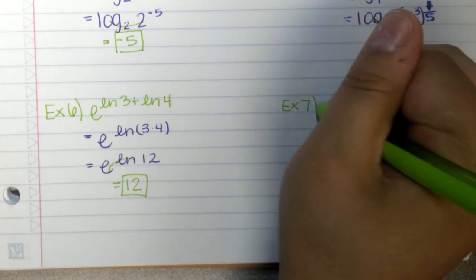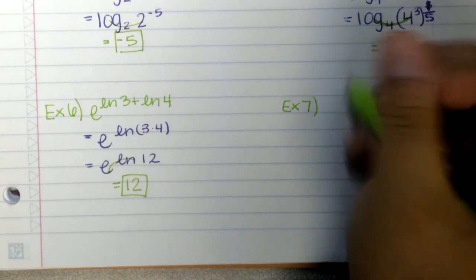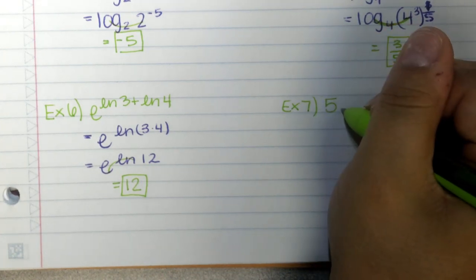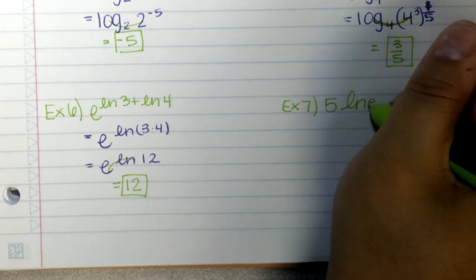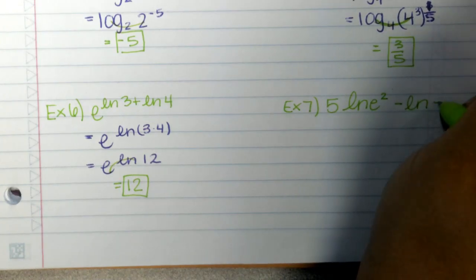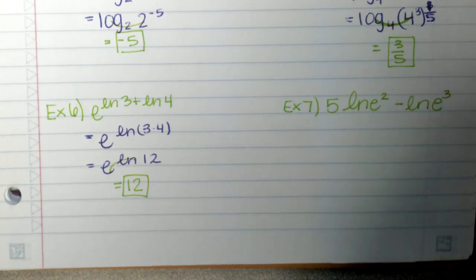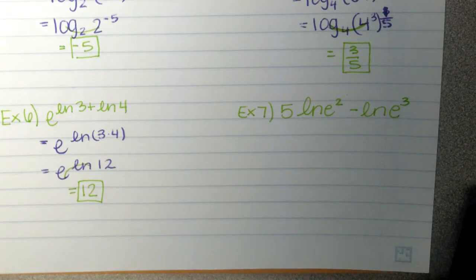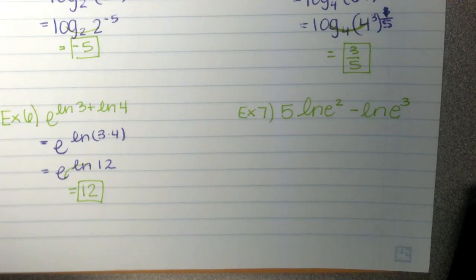The last one for me on this page. Is that e squared? Yeah. So 5 natural log of e squared minus the natural log of e to the 3rd. Be careful.